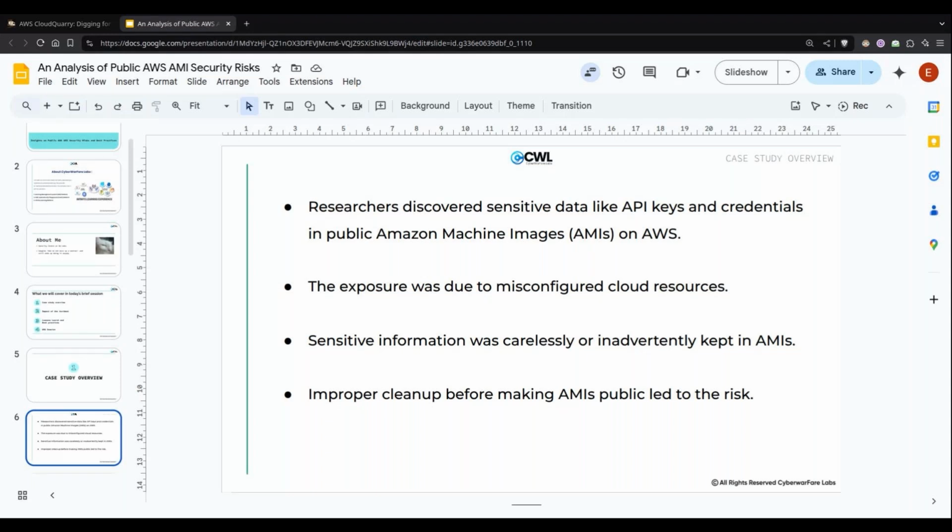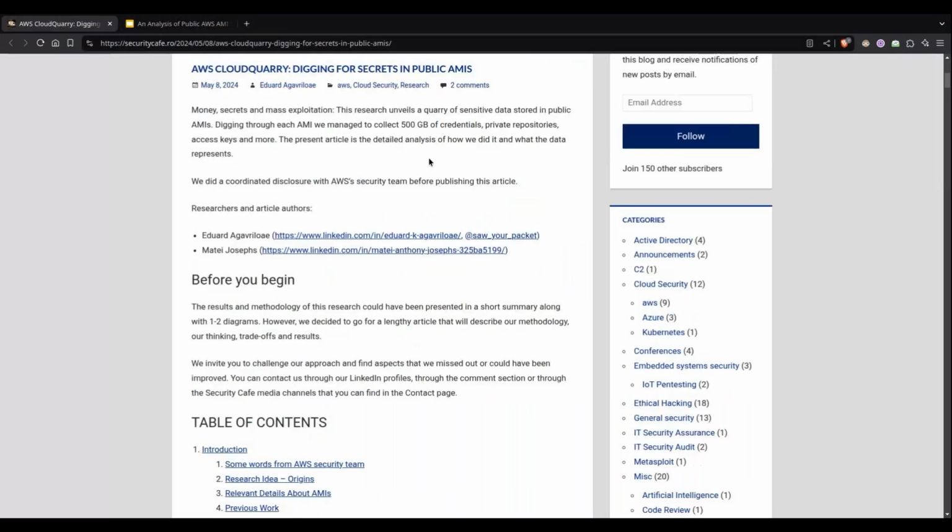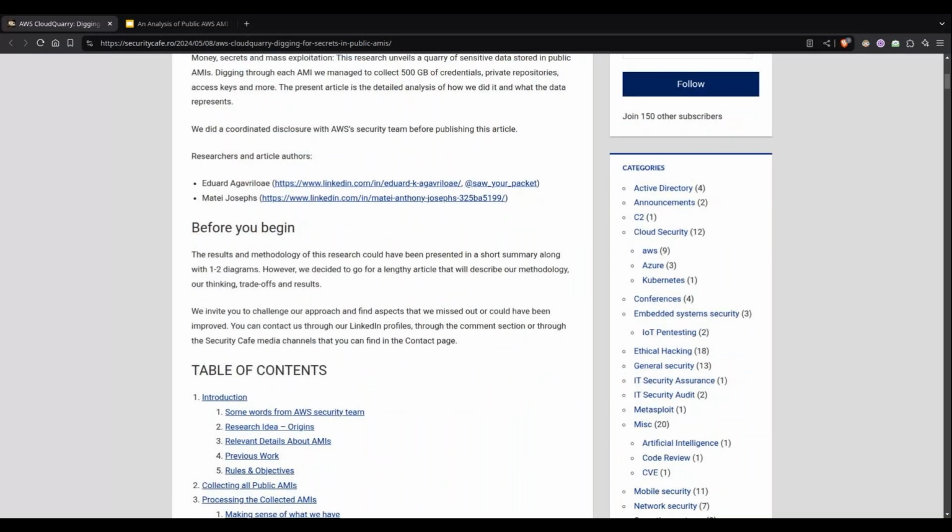But lucky for us, a few researchers were able to find this issue. They researched this potential vulnerability, and not vulnerability, I would say a security flaw, and they have written out very extensive research on that. What actually happened, if you go through the research published here, is that a researcher was providing service to a client, and they found out that AMIs were public, and they had confidential information and sensitive credentials.